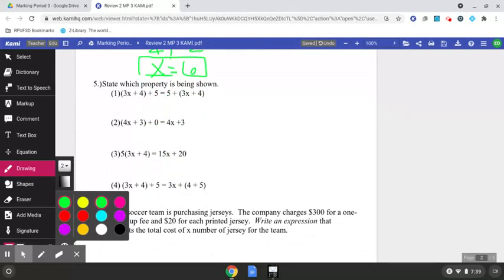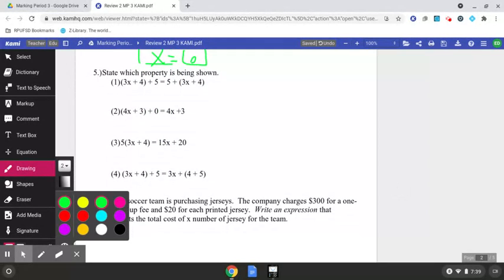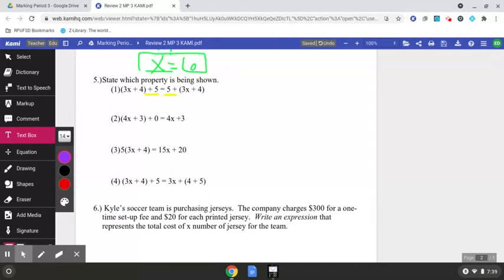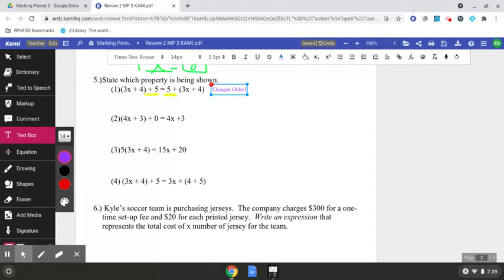Okay, the next question is kind of a review question. We haven't talked about it in a while, but it is asking what property is being shown. So if I look at that first example there, you'll see that there's a plus 5 at the end of the parenthesis, and then on the other side of the equal sign, it changes and moves to the front. So what happened here is that we changed order, right?